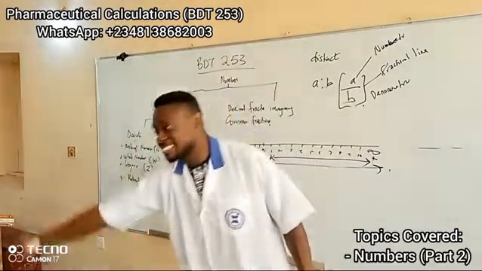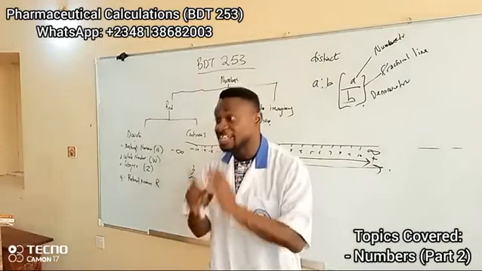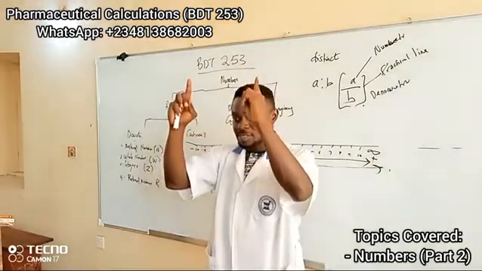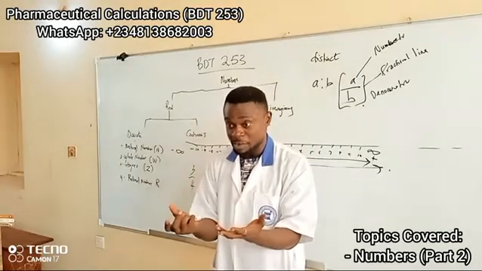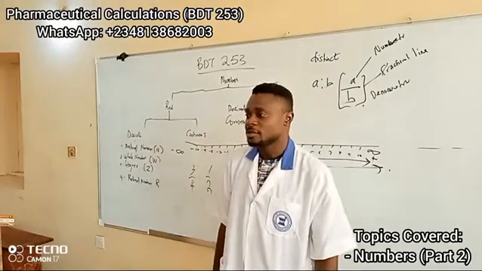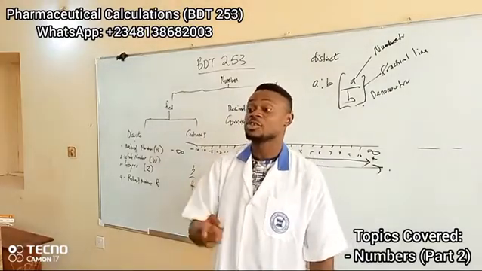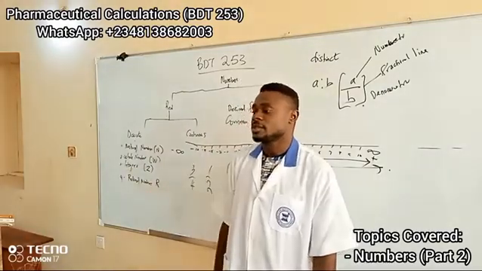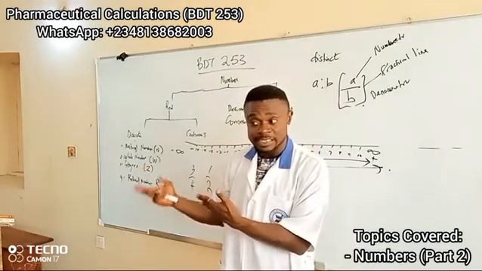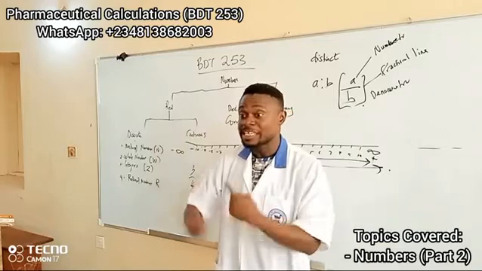You rationalize it because a surd is not a rational number, even though it can exist as a decimal number. That's the understanding of what you did in your first year, to rationalize it and make it a rational number.